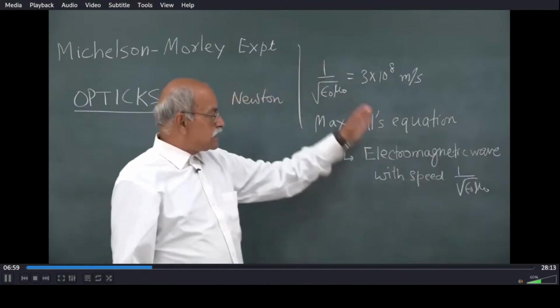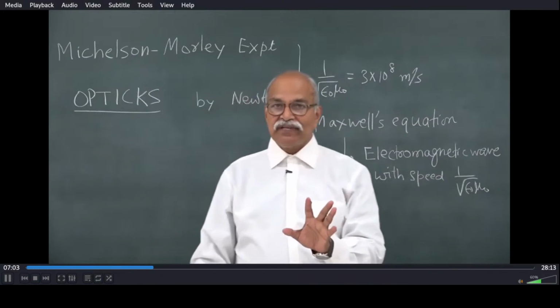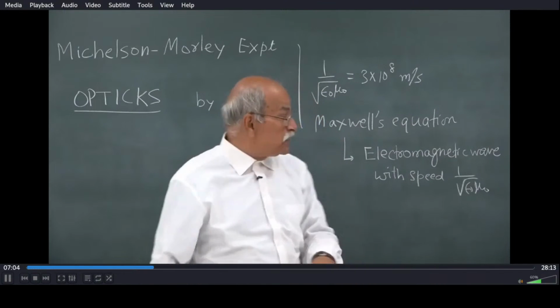So all this connected tells that okay, light is an electromagnetic wave and its speed should be this much.